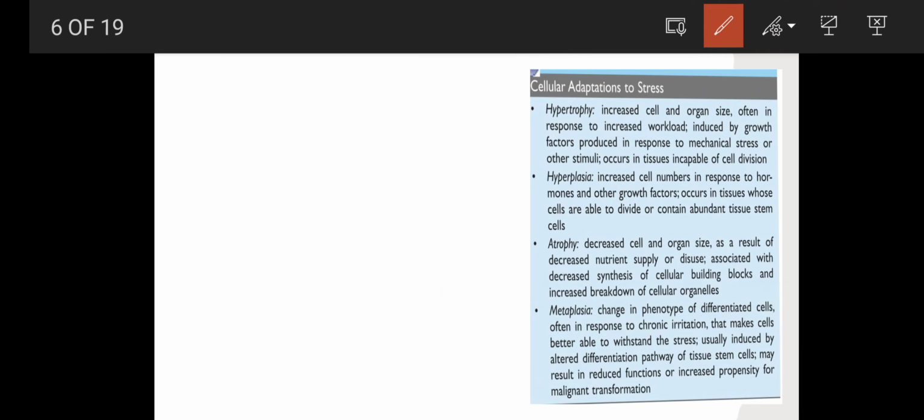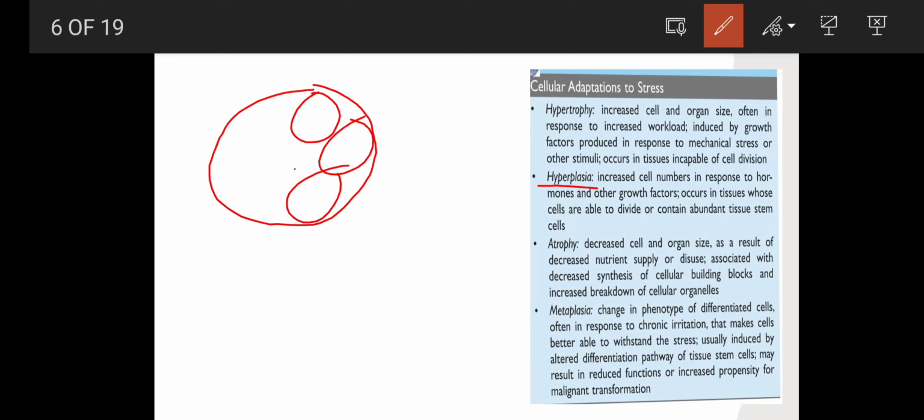Now the next step: sometimes hyperplasia happens. In hyperplasia, for example, here is a normal tissue which has different types of cells.